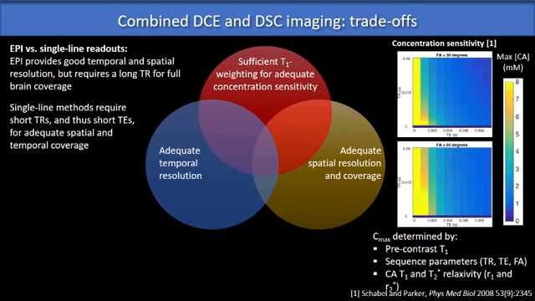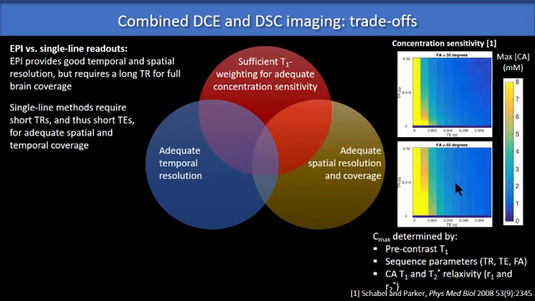So we know that we need enough T1 weighting to get concentration sensitivity. This paper in 2008 showed how the concentration depends on some things we can't change, like the pre-contrast T1 and the relaxivities, and then things that we can change with pulse sequence parameters, so TR, TE, and flip angle.